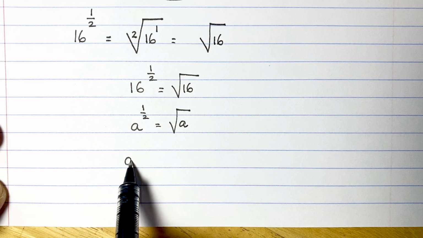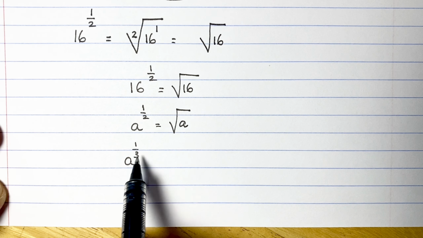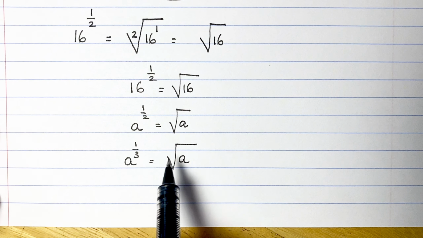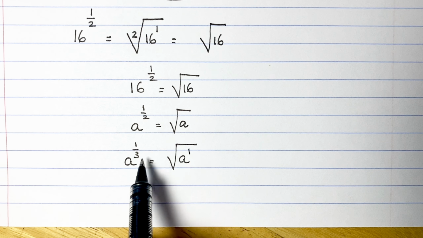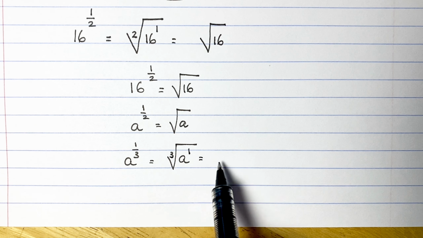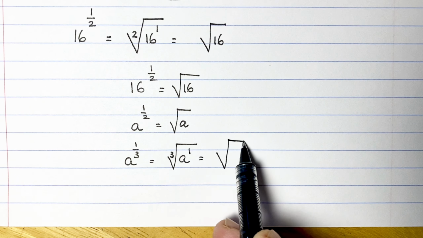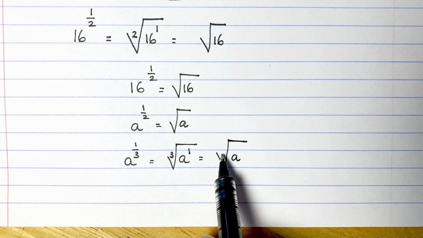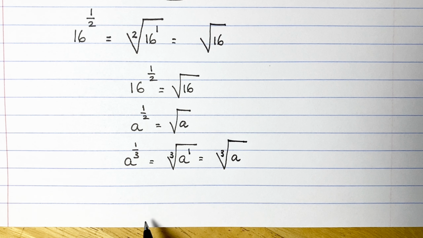What about a number to the power of 1/3? Well, 1 would be written here, and 3 goes there. But by convention, we do not write powers of 1. But 3 got to be shown here.